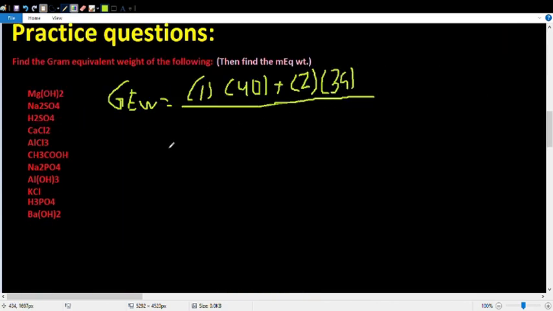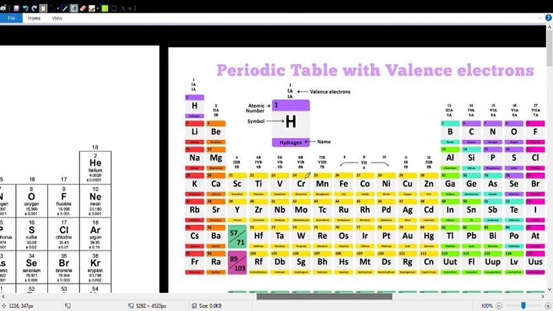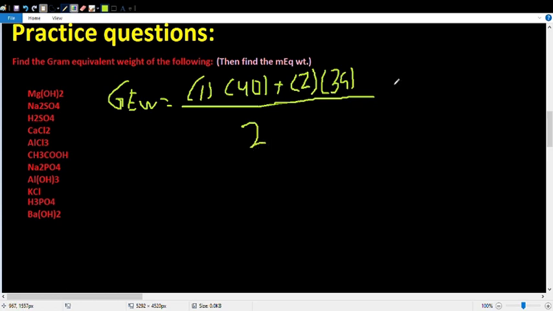Then yung factor, what is our compound? It is a salt. So yung valence natin. So for calcium, the valence is 2. As we see here, where's the calcium? 2 ang valence niya. So let's go back here. So let's put 2.